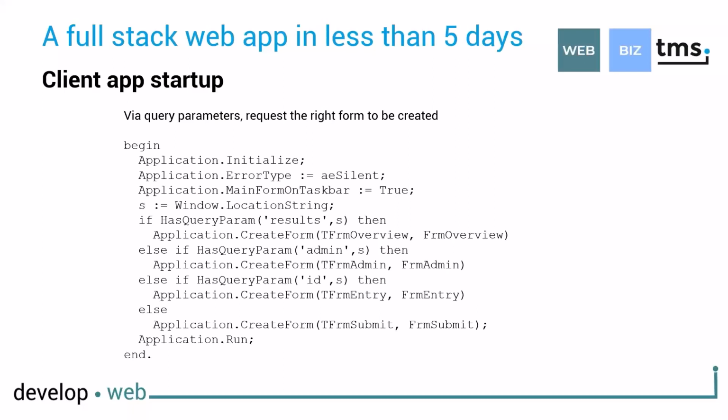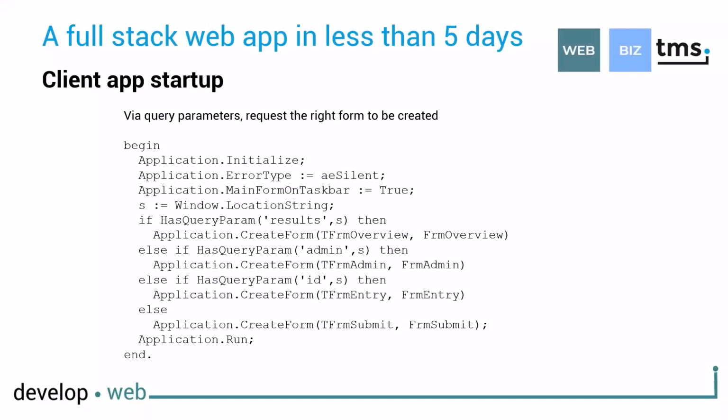So you can see that if the query parameter results is used, we immediately launch the form from where the submission list is shown. When the URL has the query parameter admin, this starts the admin form, and the admin form is the form from where entries can be deleted.